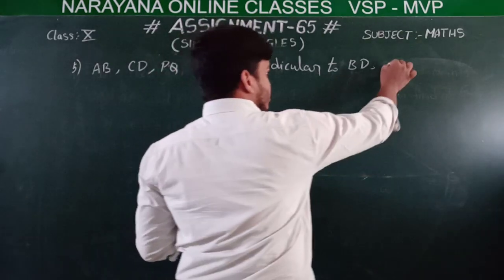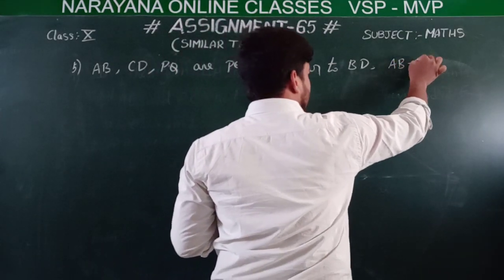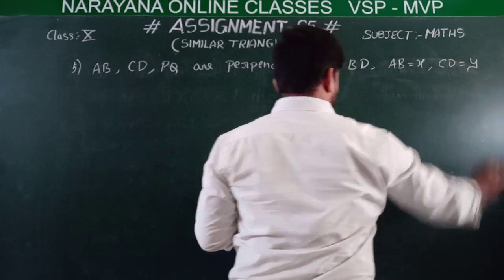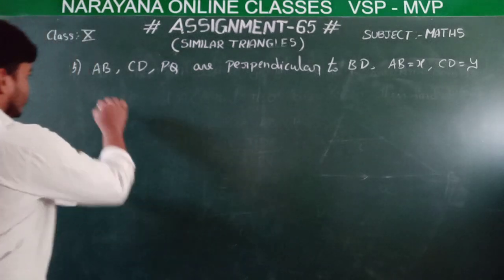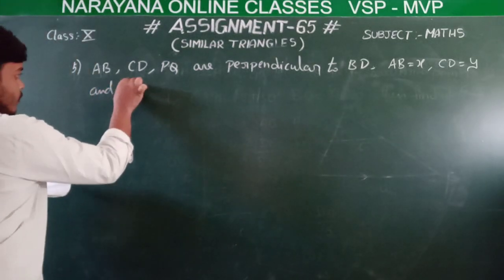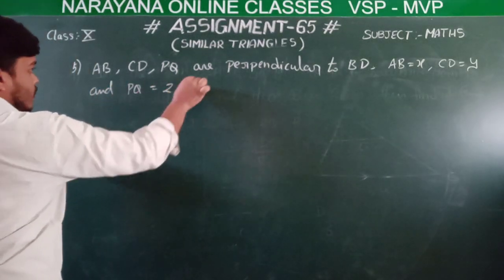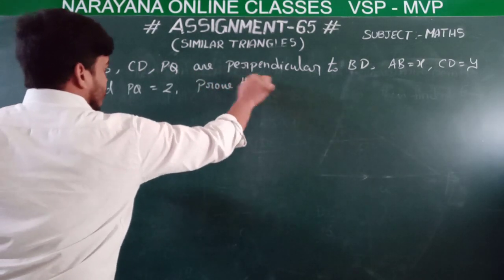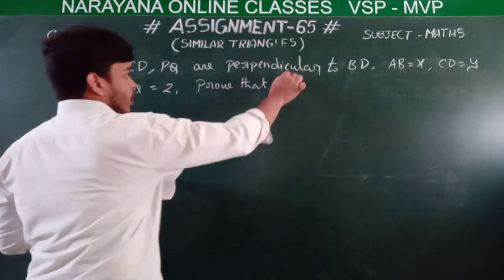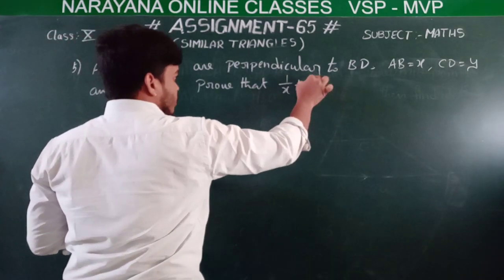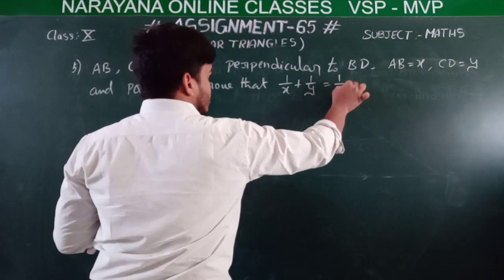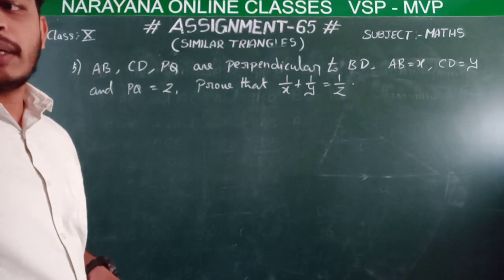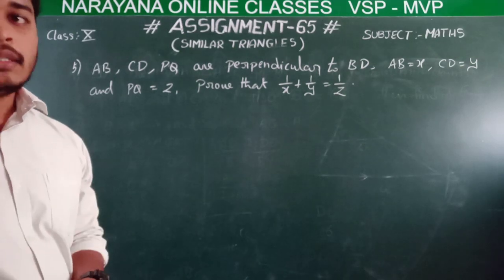AB is equal to x, CD is equal to y and PQ is equal to z. Prove that 1 by x plus 1 by y is equal to 1 by z.